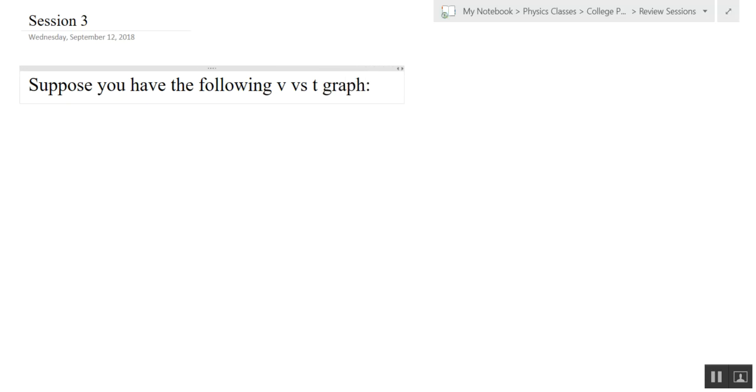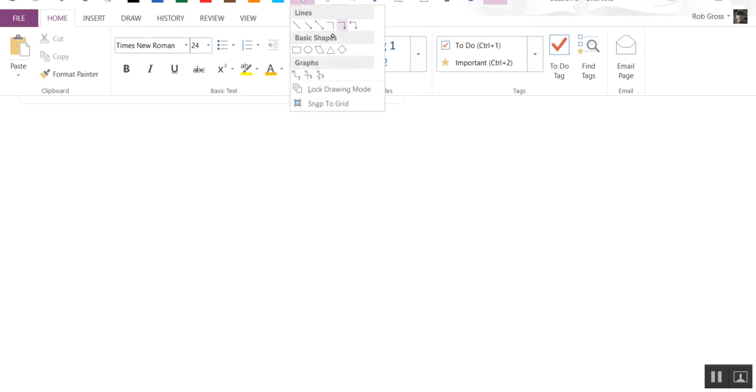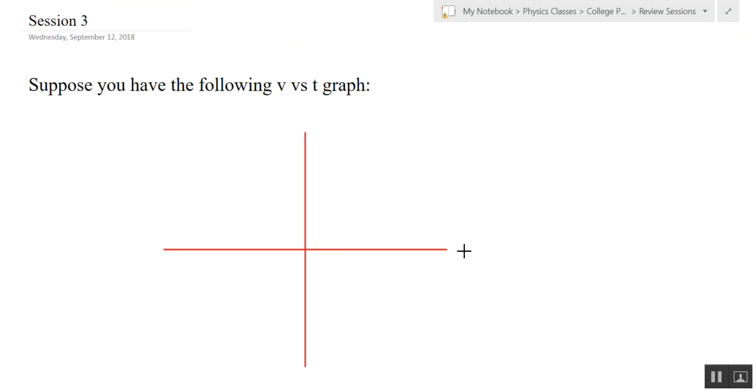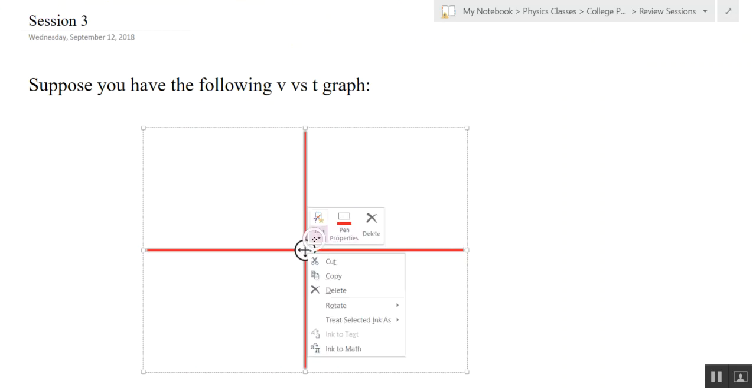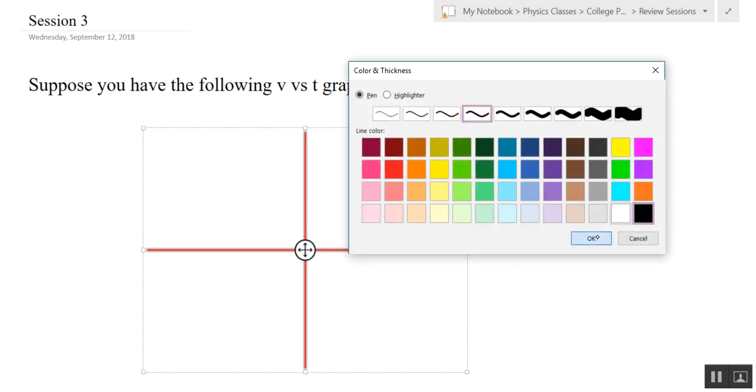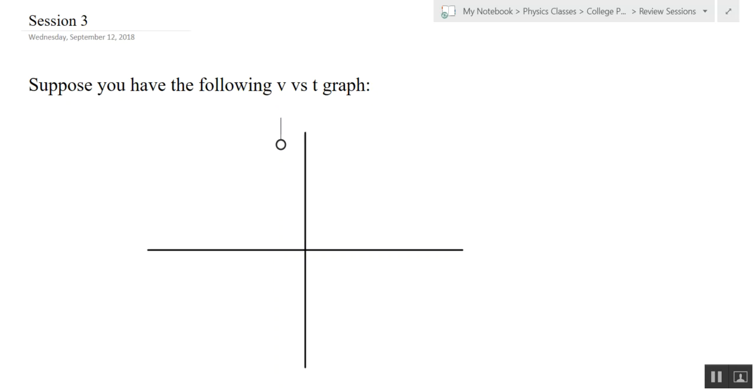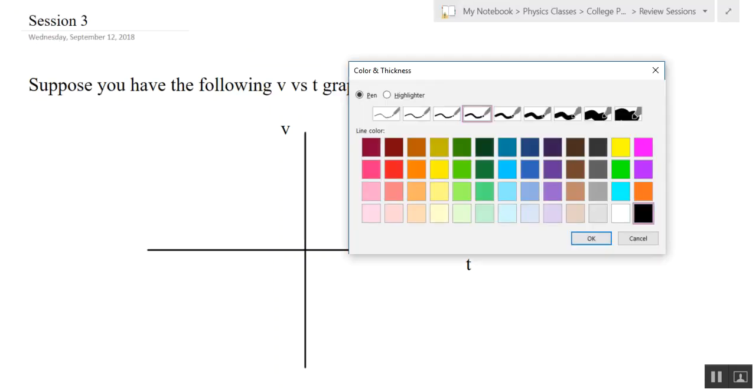Okay, so it looks like this, right? I'll just make this up. So this is V, this is T, and so the graph looks like this, right? So it's just the graph.